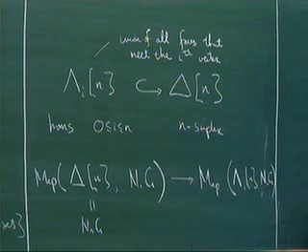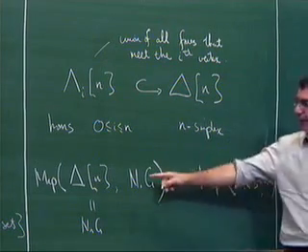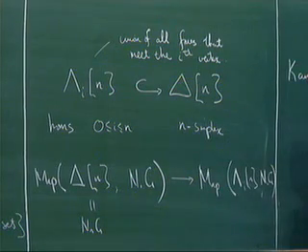The Kan condition says these maps are surjective.